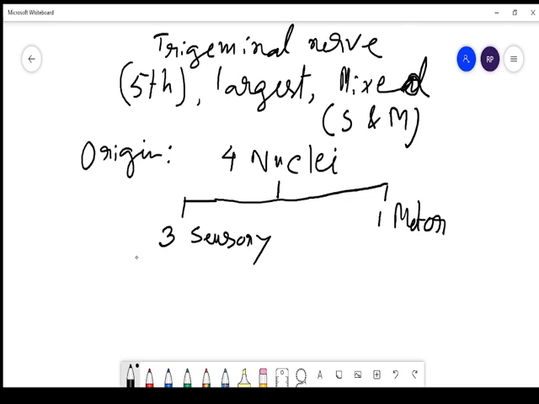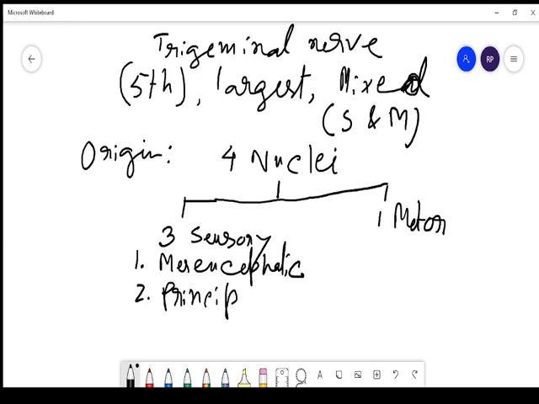The names of the three sensory nuclei are: number one, mesencephalic nucleus; number two, principal sensory nucleus; number three, long spinal nucleus.